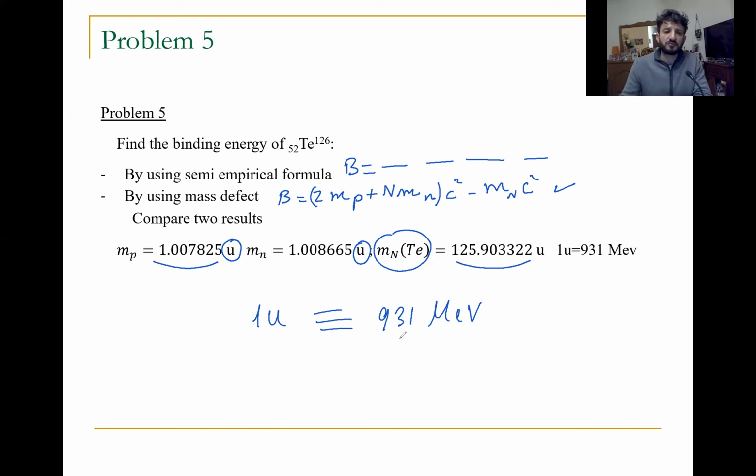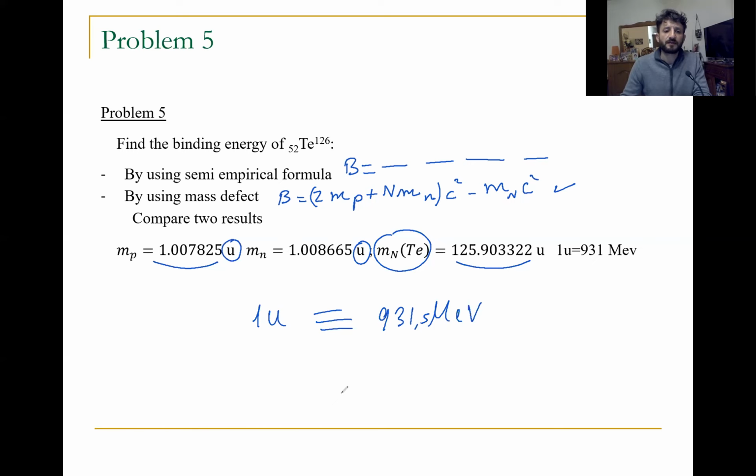If I give you the value of the binding energy in atomic mass unit, in order to convert this unit to MeV, you have to multiply by 931.5 MeV.